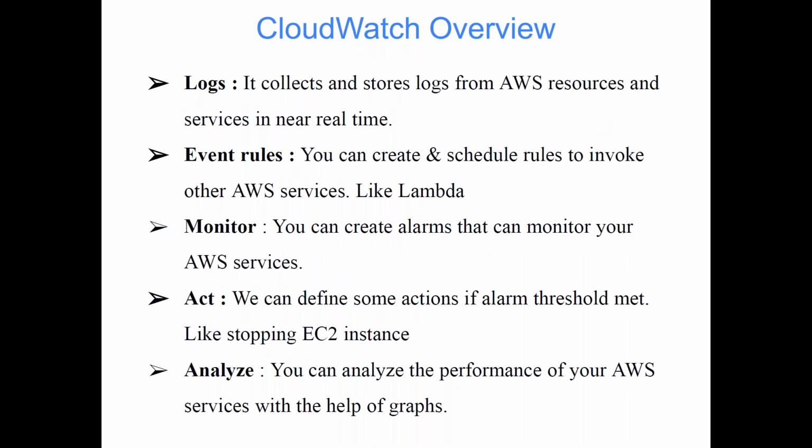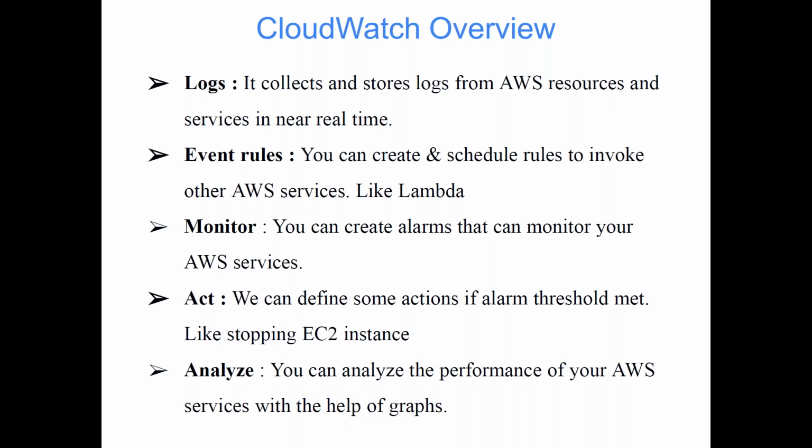CloudWatch can do a lot of things. As you can see here, the very first thing is logs. Any service, suppose you are doing something on S3, on an EC2 instance, executing your Lambda function, or RDS or Redshift, anything.